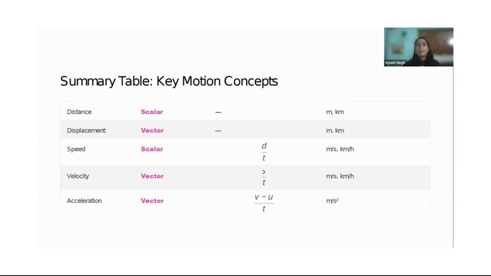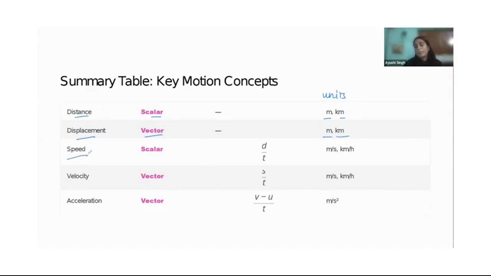Now, again, you can see the difference basically here. So, just a second. Yeah, so distance is a scalar quantity and its units could be meter and kilometer. Displacement is a vector quantity. That means it has a direction and its unit also would be meter and kilometer.